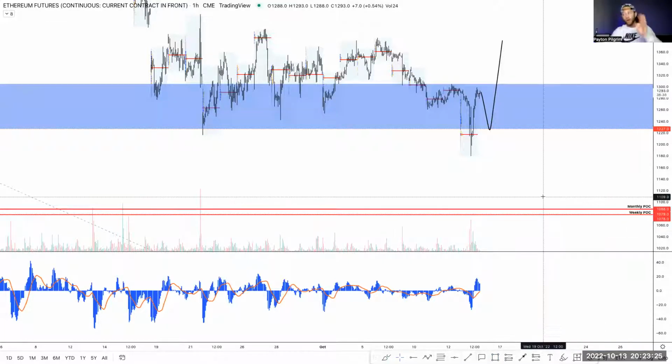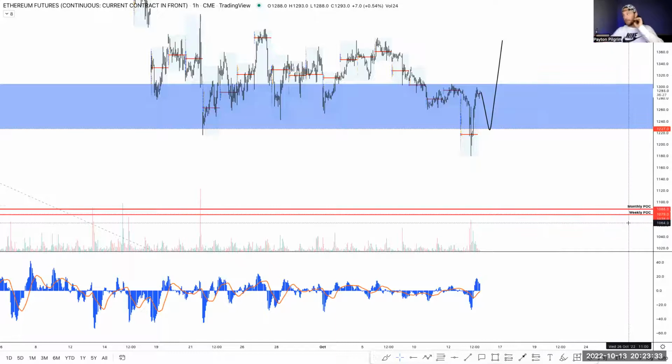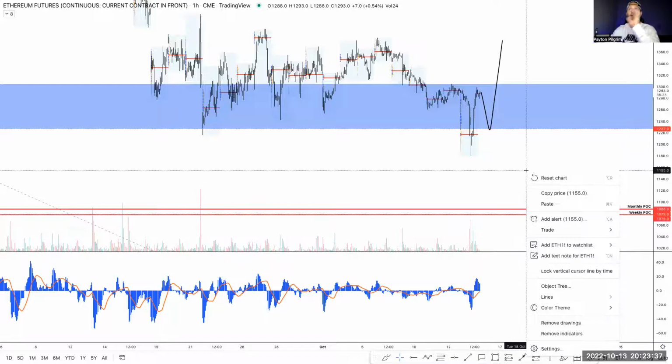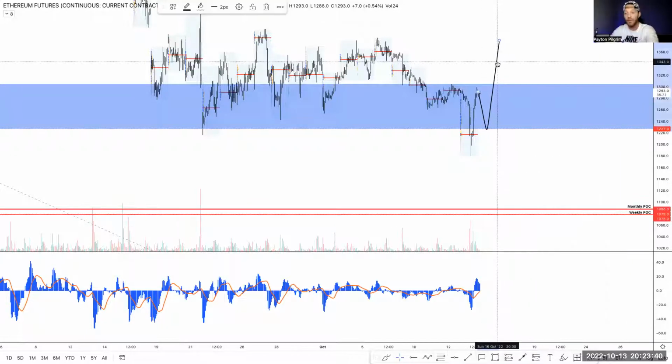I'm not calling a bottom, I'm calling a possibility of a bottom. When these prices get hit, I will say this is my absolute bottom, but this is not my absolute bottom. This is just possibility. What's interesting is that CPI still didn't get, is still bad.